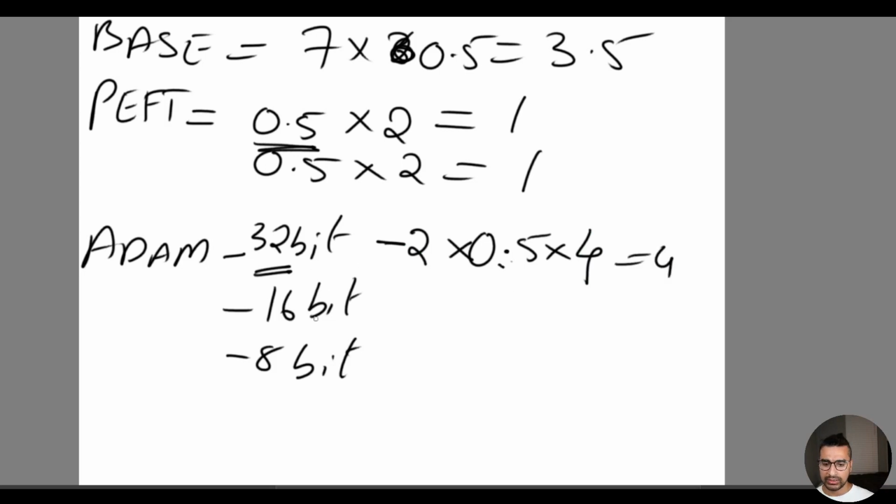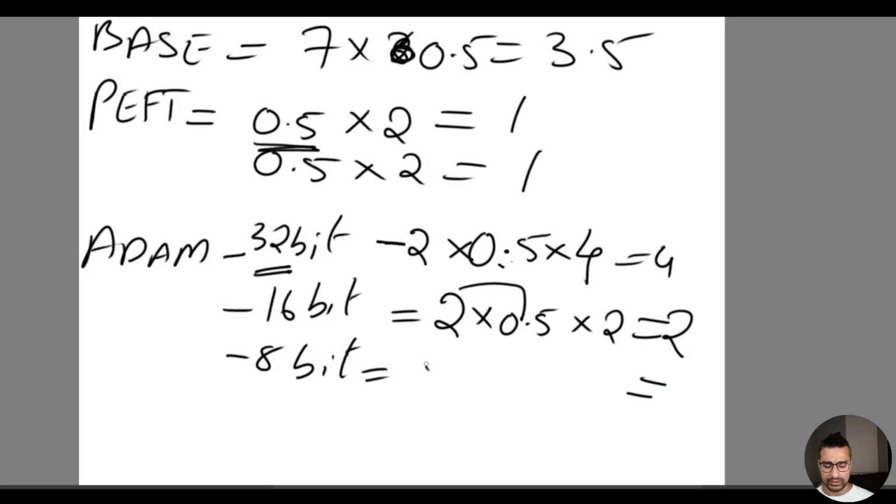But let's say you want to do it in 16-bit. What happens now? 2 times 0.5 times 2, right? 2 times 0.5 is 1, 1 times 2 is 2. Okay, and then it's going to be the same thing for 8-bit, 2 times 0.5 times 1, that is 1. So now because you're using PEFT, you're only loading few parameters to train.